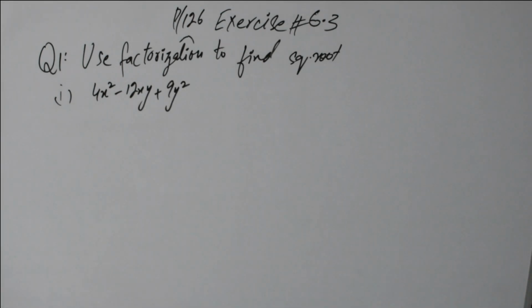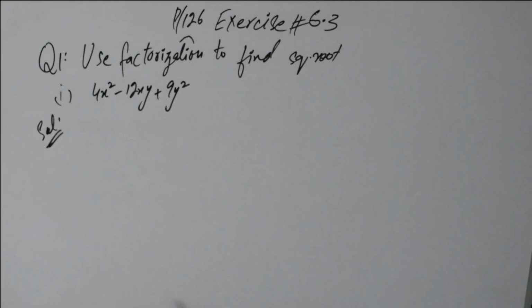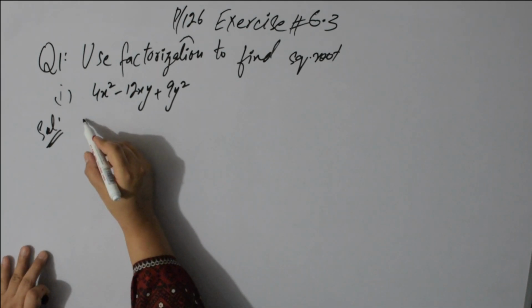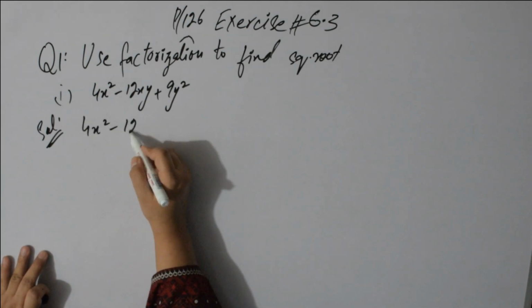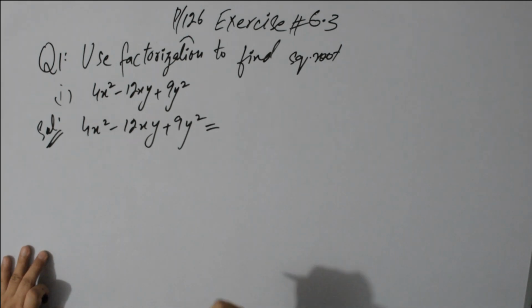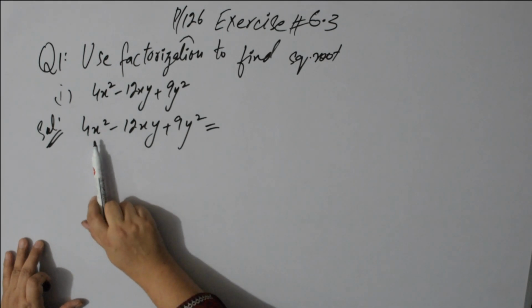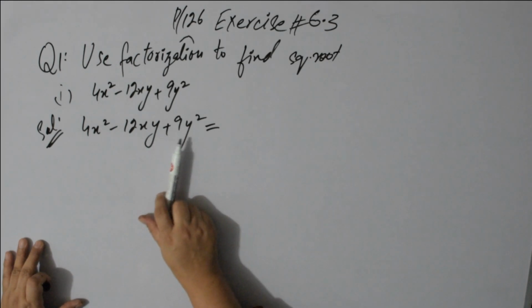You have to find square root by factorization. In solution, you will write this 4x square minus 12xy plus 9y square is equal to, and students, you see this is the expanded form of some formula.